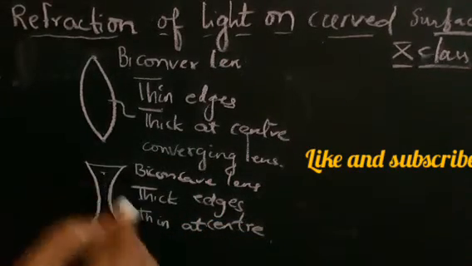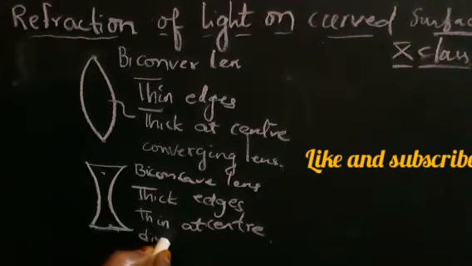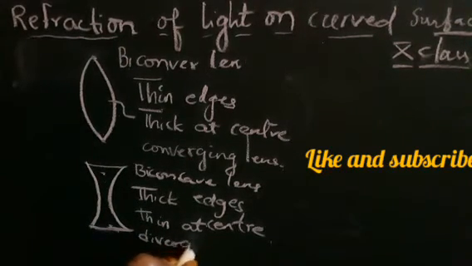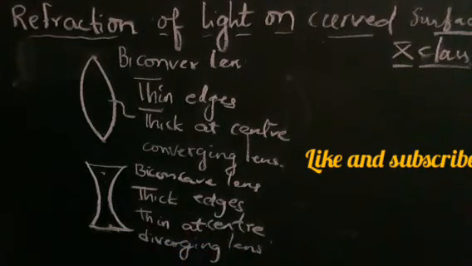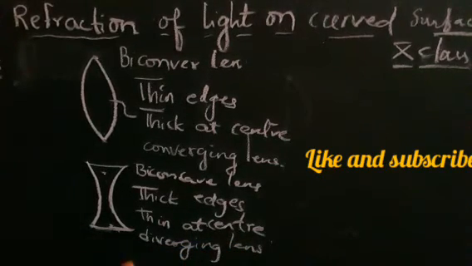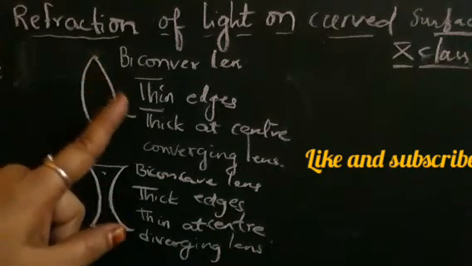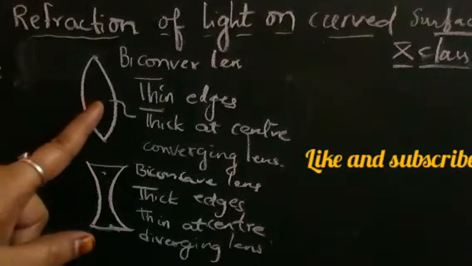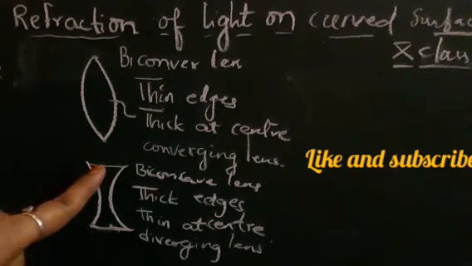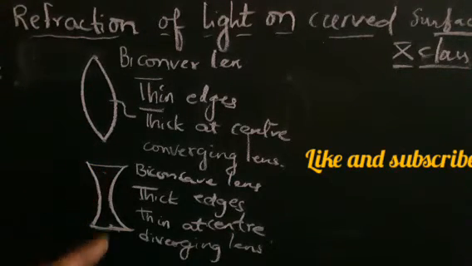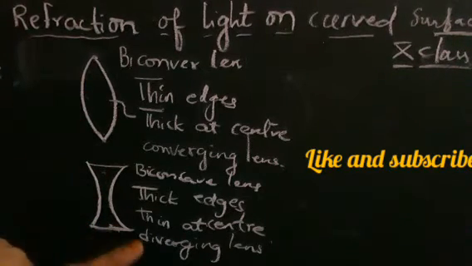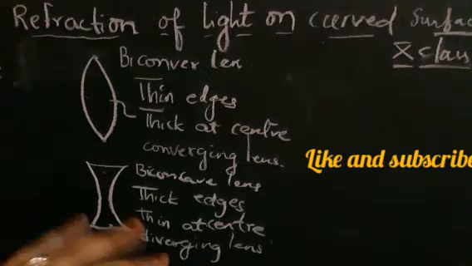These are diverging lenses because they diverge all the rays. So a biconvex lens is thin at the edges and thick at the center, while a biconcave lens is thick at the edges and thin at the center. These are converging lenses and those are diverging lenses.